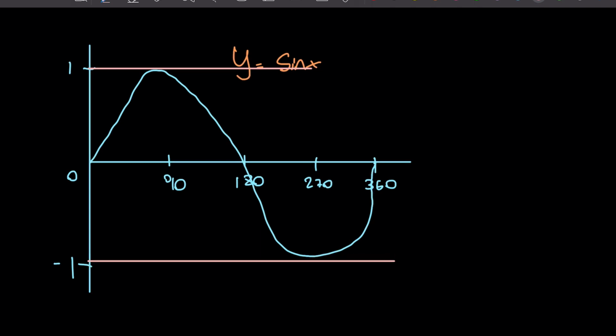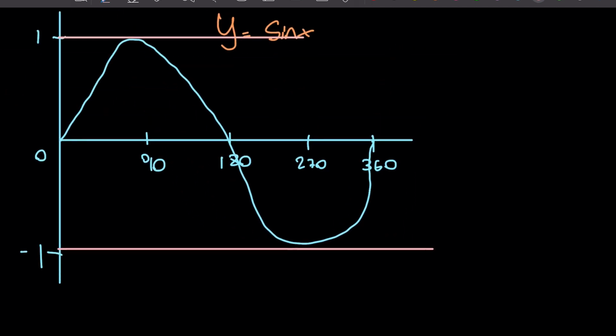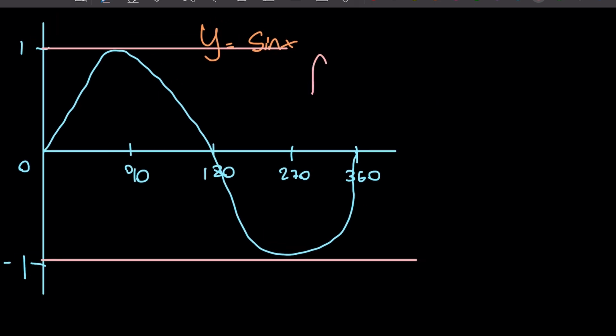It's kind of hard to draw curves. But yeah, so for sine, max is equal to 1, and the minimum value is equal to minus 1. So we'll find the maximum value of sine being 1 and the minimum being minus 1.